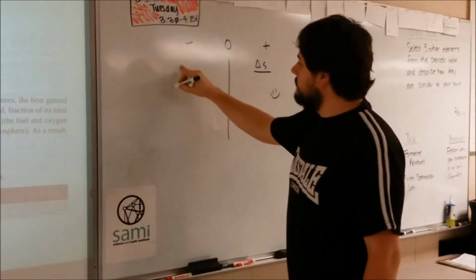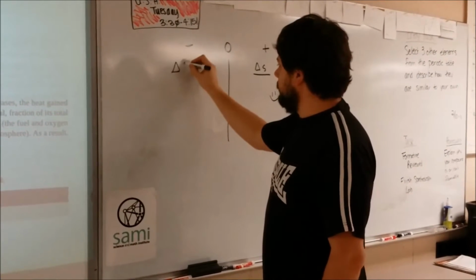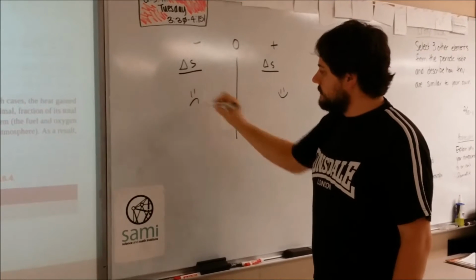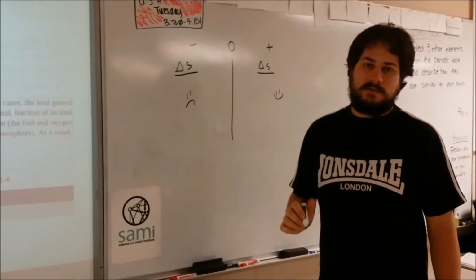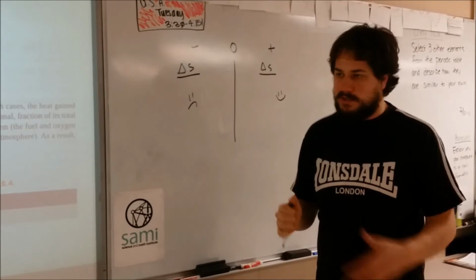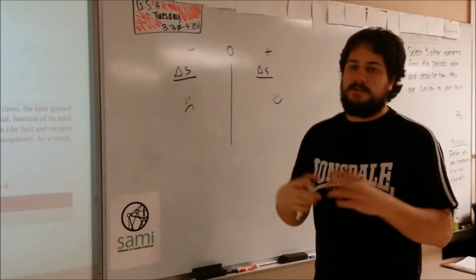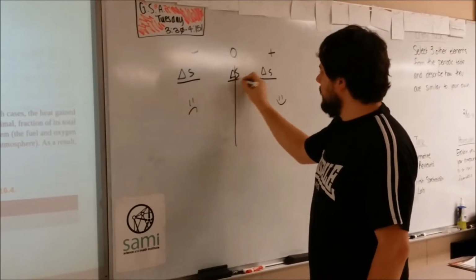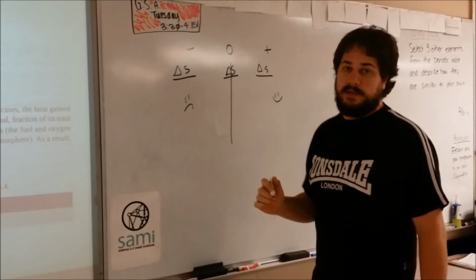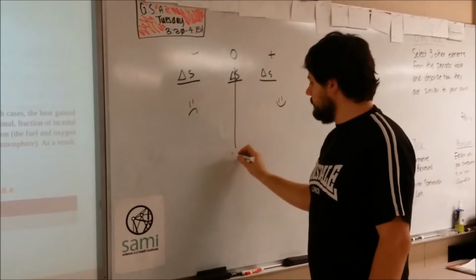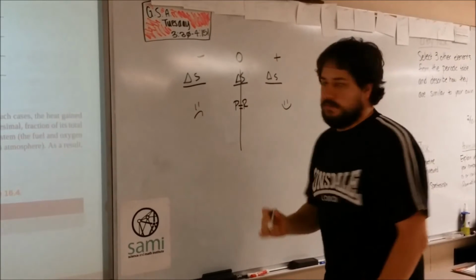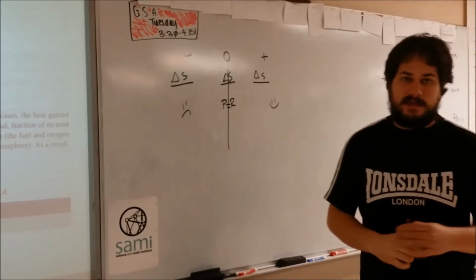However, if the delta S is less than 0, over here, that reaction is not going to take place. You will not see anything happen. Those chemicals, those formulas, whatever they might possibly be, are going to remain in stasis. And if the delta S is right at 0, it's in equilibrium. So that means all of the products and all of the reactants are equal to each other in terms of their amount of energy.